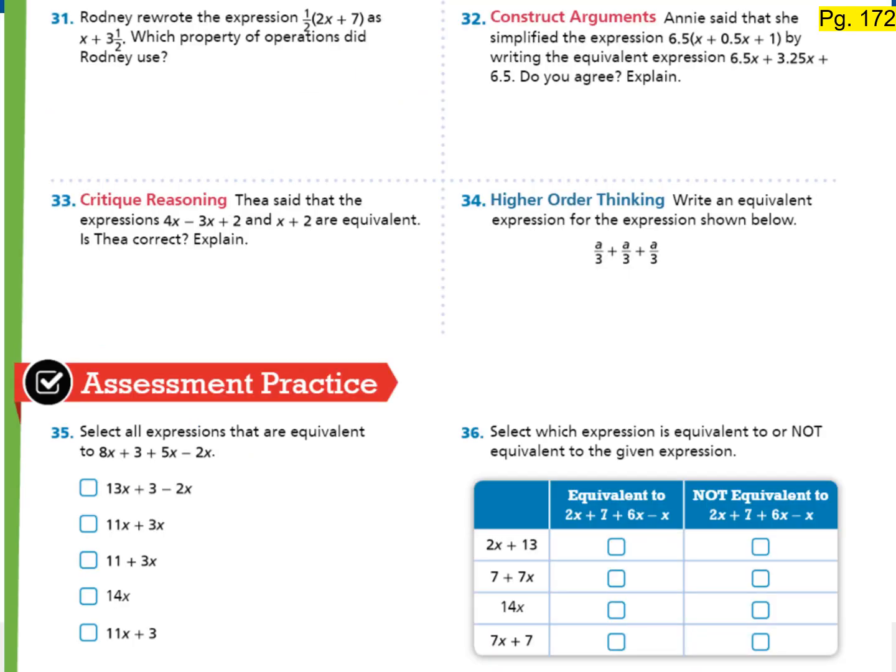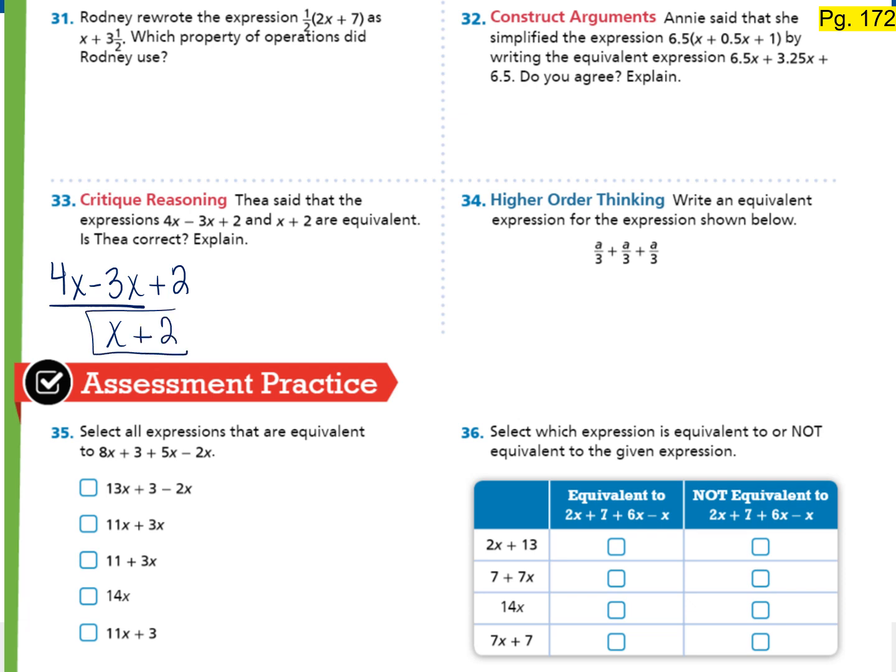Go ahead and go to page 172. Look at number 33. Thea said that the expressions 4x minus 3x plus 2 and x plus 2 are equivalent. Is Thea correct? So let's look at these together. You have a 4x minus a 3x plus a 2. If you combine your like terms, you would combine 4x minus 3x, which makes 1x, or just x, plus 2.